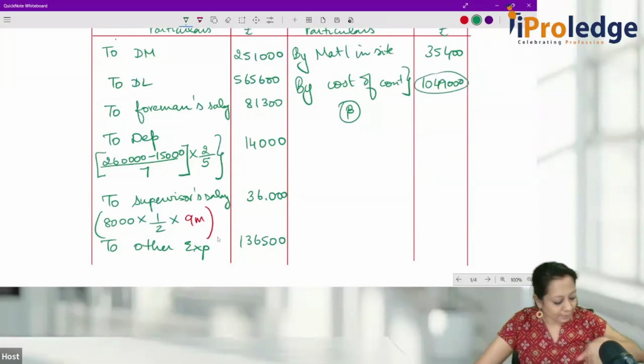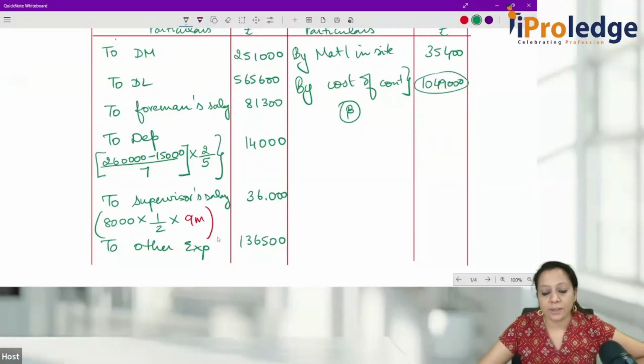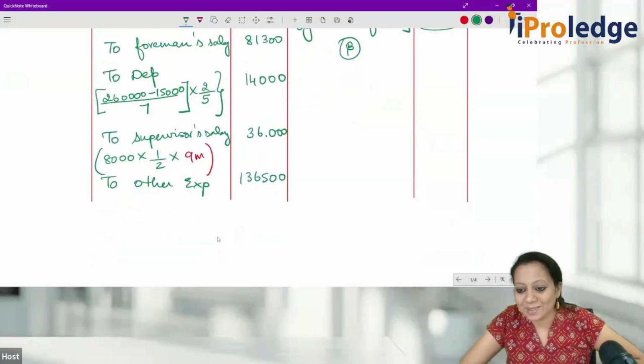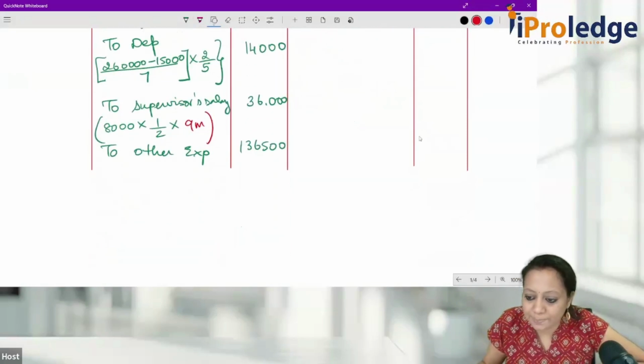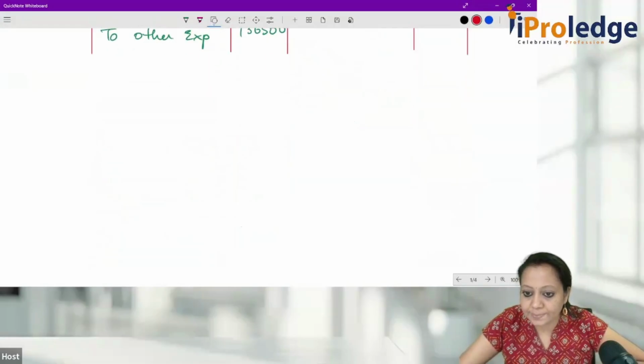So whatever I told you for the contract account format, same things. Shall I proceed, dear? Yes. So now I'll just extend the contract account.